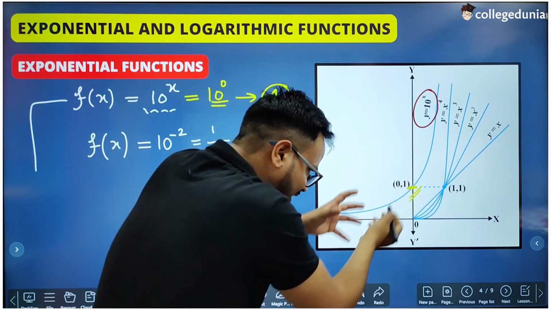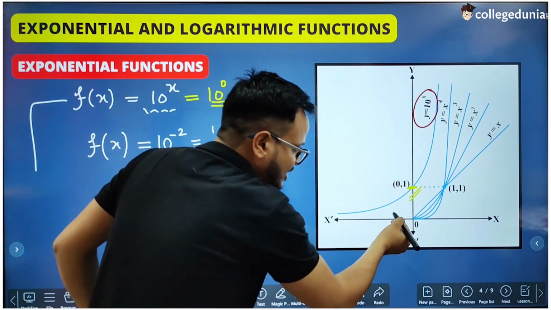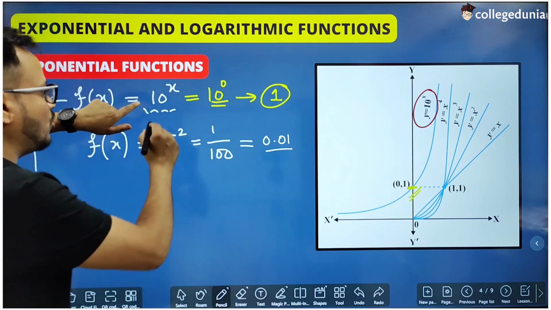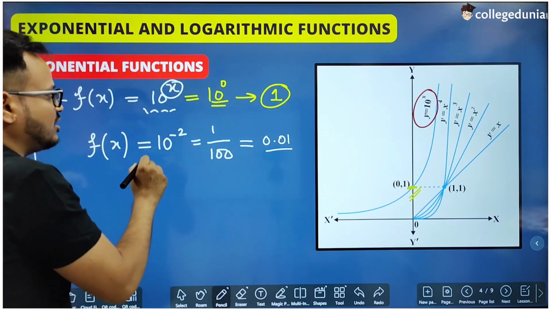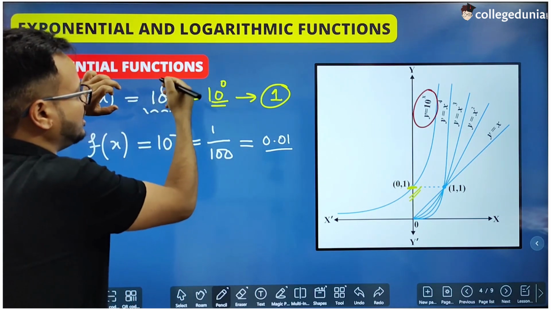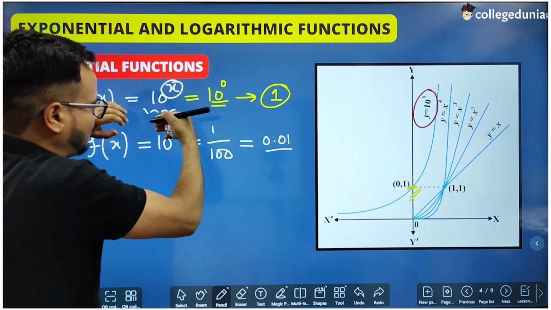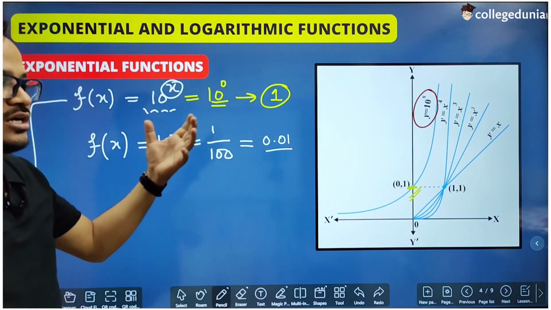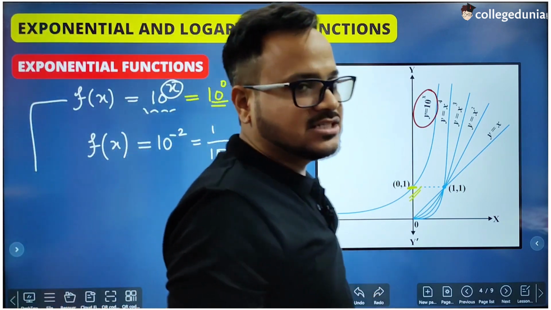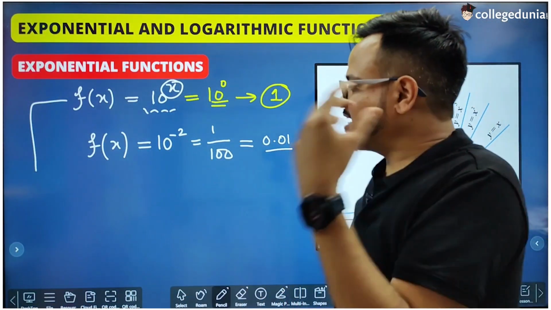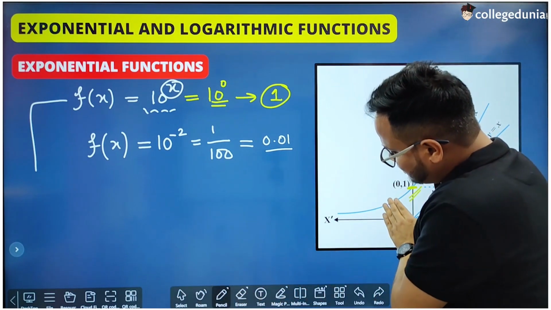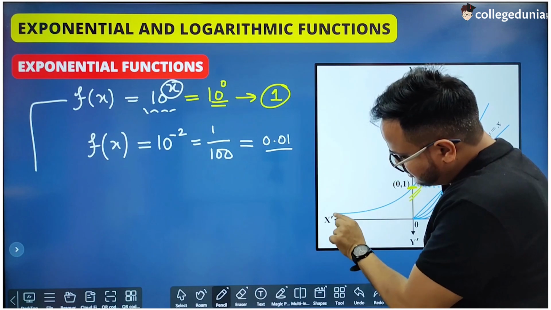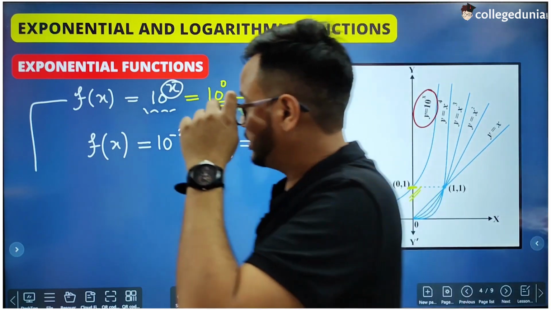So it is going to decrease, and it will never touch the x-axis on the left hand side, because it becomes 0 only when x is -infinity. When you put x as -infinity, then it will be 1 upon 10 raised to power infinity, which is 0. So it will touch the x-axis only when x is -infinity, which cannot be shown on the graph. So we will just make this graph like this, and we will not touch the negative x-axis, right?